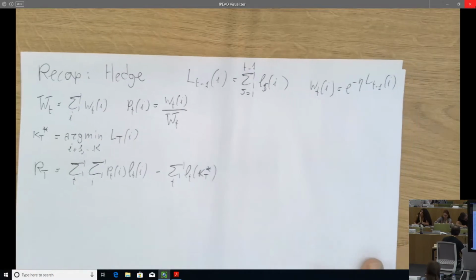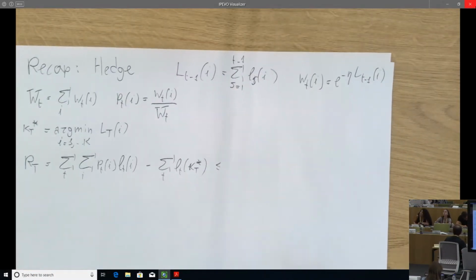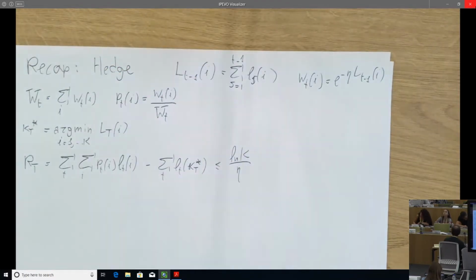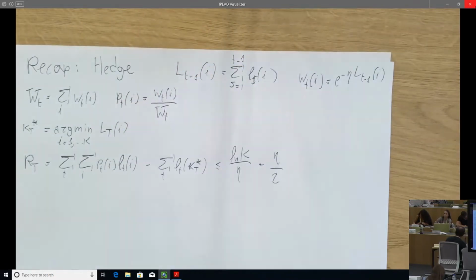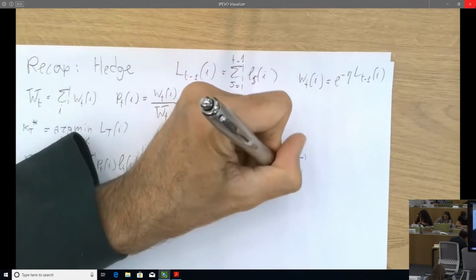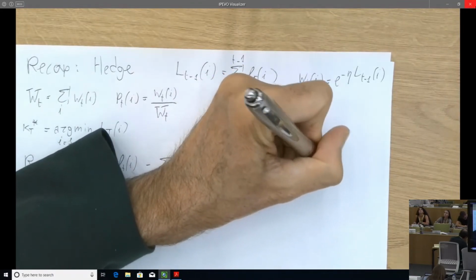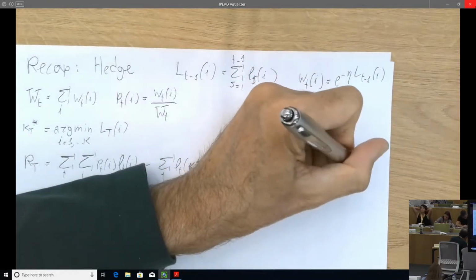And we showed that we could bound, in general, this by something relatively simple: the log of the number of experts divided by the learning rate, plus the learning rate divided by 2, times the sum over t, sum over i of l_{t,i} squared times p_{t,i}.